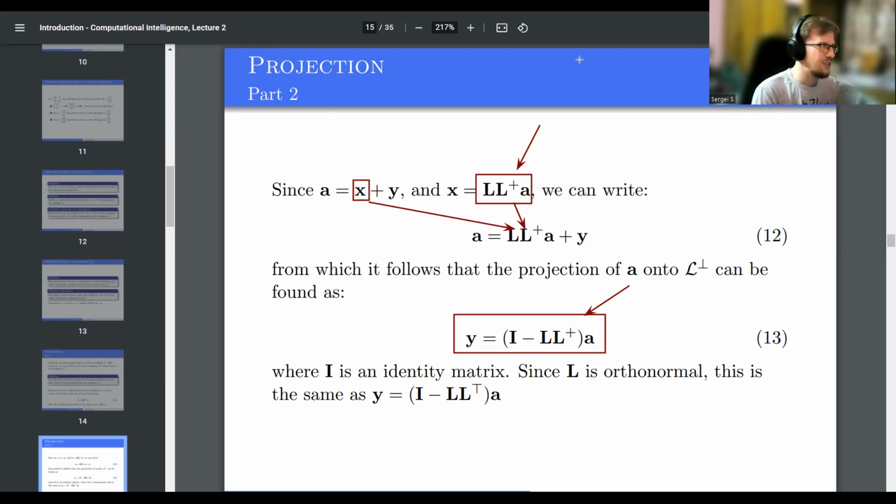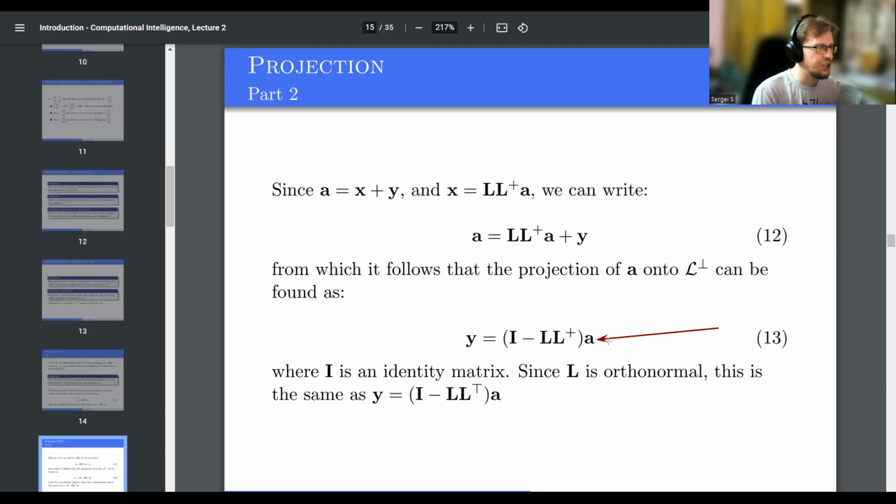So this is how we can project onto L, and this is how we project onto the orthogonal complement of L. All right. And then this pattern will repeat. We'll often have a projector, and I minus the projector is the orthogonal complement. Okay, good.